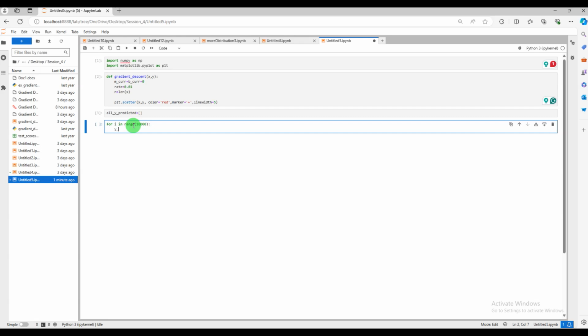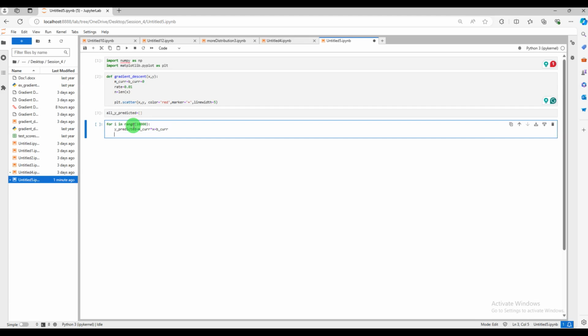Okay, y predicted equal m_curve multiply x plus b_curve, and calculate.